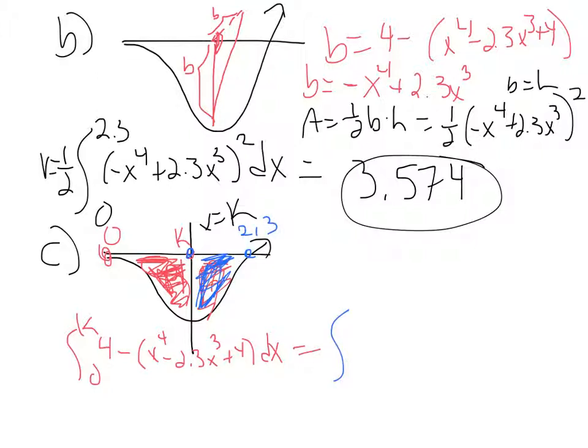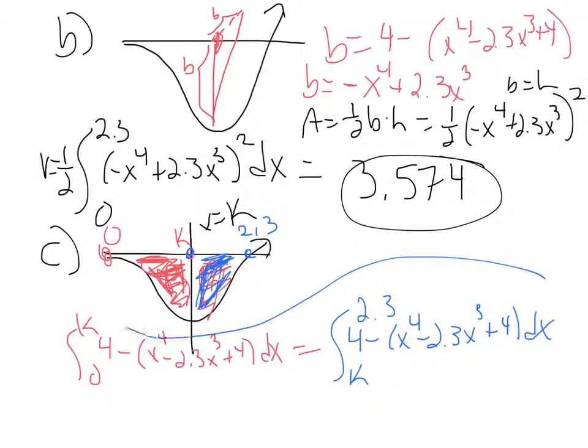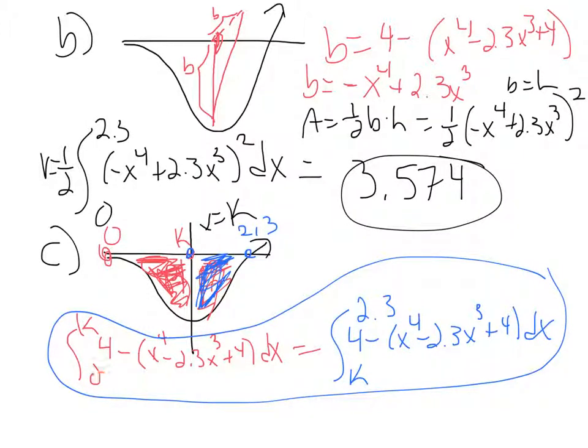So that should equal the integral from k to 2.3 of 4 minus x to the 4th minus 2.3 x cubed plus 4 dx. And that's all they want you to do. They just want you to set it up. So this is fine. And if you have this one minus this one equals 0, that's fine too. Okay, so that's problem 2.